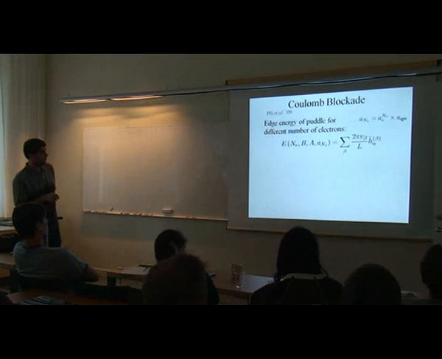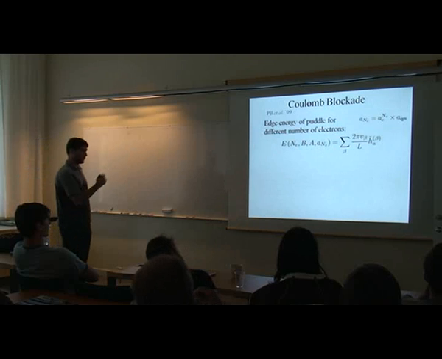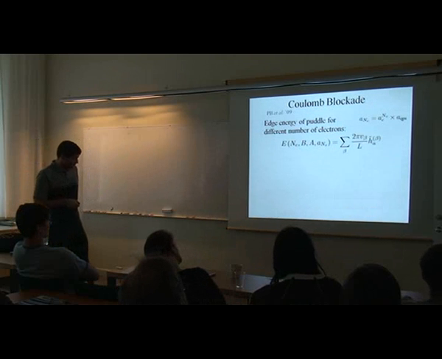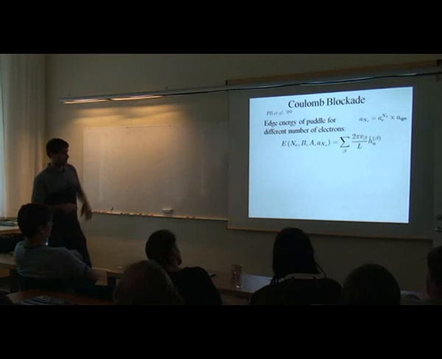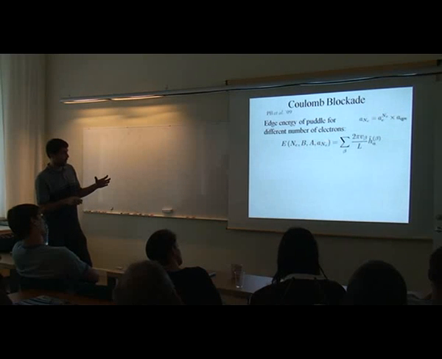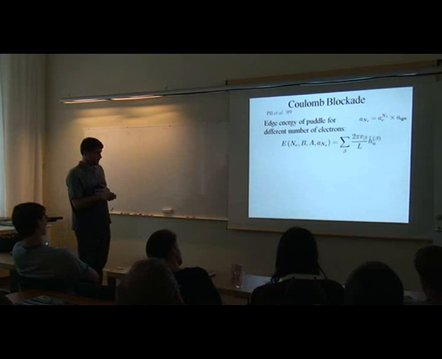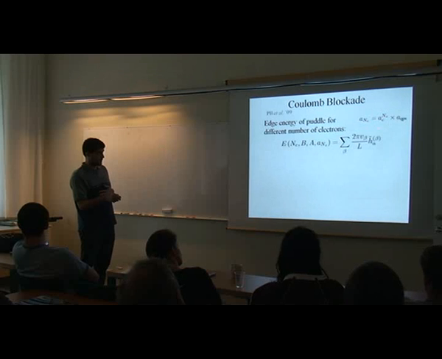And in particular, the way to compute these points of resonance is you look at the energy for the puddle in the middle for a different number of electrons. Here I've given the energy that you have for the edge excitations, and it's determined by the number of electrons you have, the B field, the area of the puddle, and the total topological charge that you have in the bulk, which I am denoting A and E, because this quantity depends on the total number.